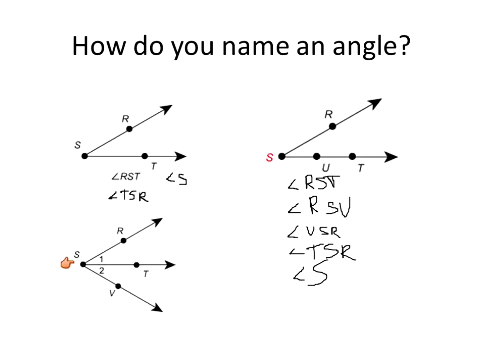No, there's 3 different angles there, isn't there? There's the big one, and then there's the 2 smaller ones that make up the big one, right? So if I said angle S in this case, would I know which one you were talking about? Okay. So when it's just one by itself, like the first couple, then yes, you can just say angle S. But if it's like the next one, you actually have to use all 3 letters. Okay? Does that make sense? That way I know which of those angles you're actually talking about.